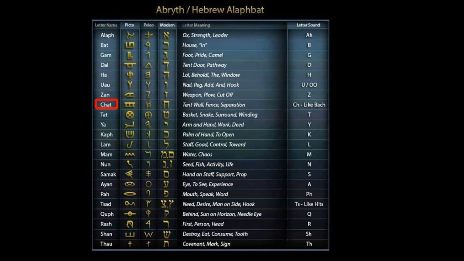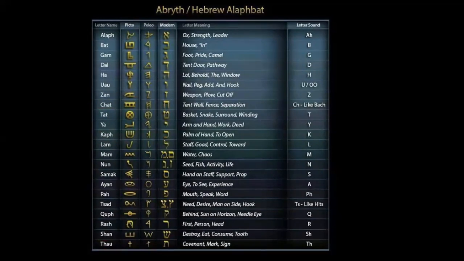And we already did in our previous lesson, we would have explained how some words you will see KH and some you will see CH and how those came to be. Tat, Ya, Kaf, Lam, Mam, Noon, Samak, Ayan, Pa, Sad, Kuf, Rash, Shan, and Tau.